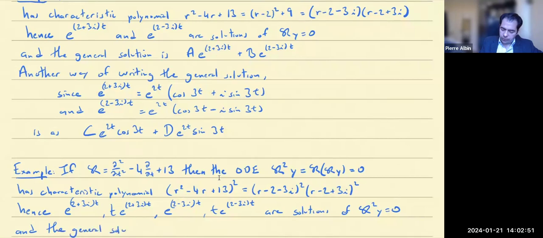And the general solution is just an arbitrary linear combination. So a times the first one plus b times the second one plus c times the third one plus d times the last one.